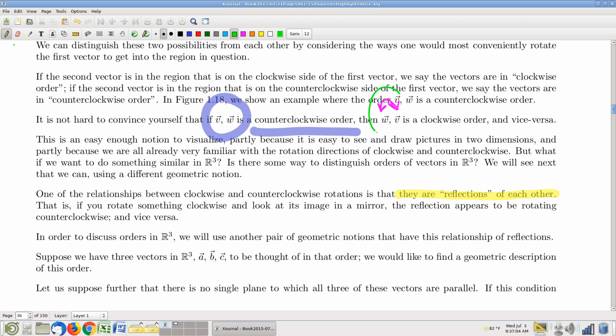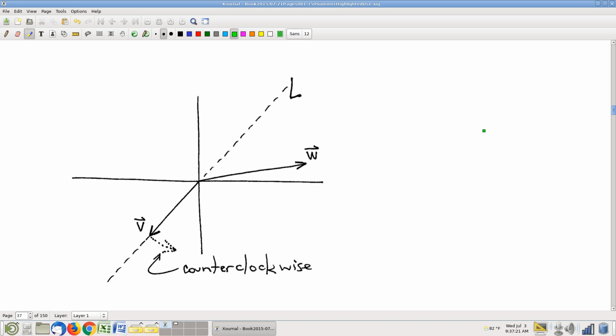The result, highlighter mode, the result is in clockwise order. So switching the vectors always switches the order. Now that's just an observation. Again, it's not deep. Something you can kind of think through. If you go counterclockwise to get from V to W, well then you'd go clockwise to get from W to V.